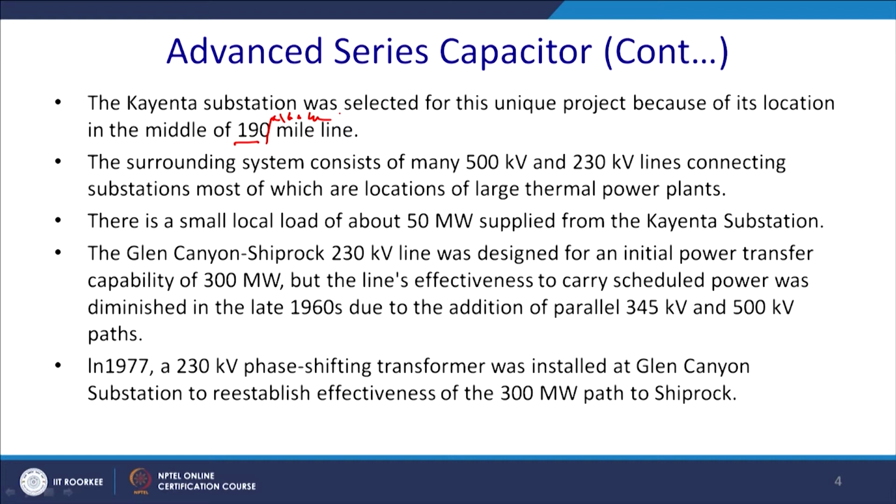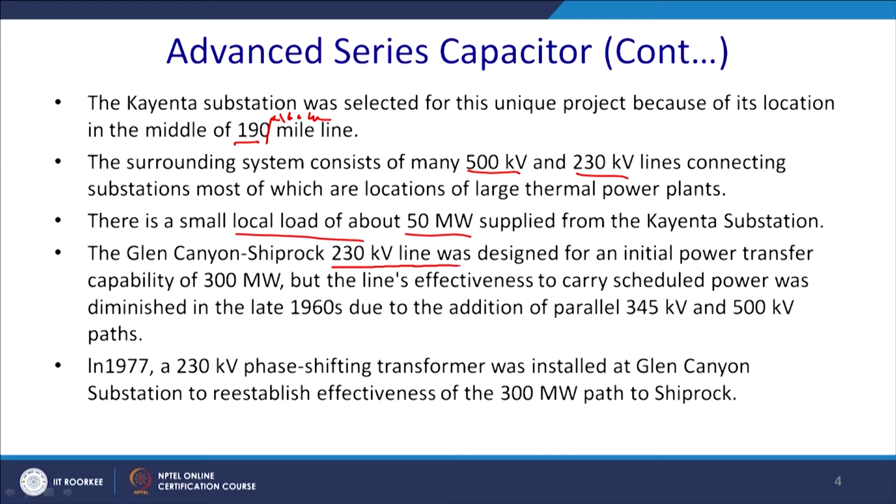The surrounding system consists of many 500 kV and 230 kV lines connecting substations, most of which are locations of large thermal power plants. There is also a small local load of about 50 megawatt supplied from the Kayenta substation.